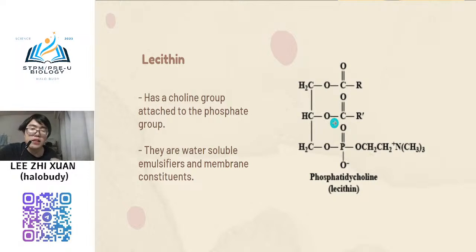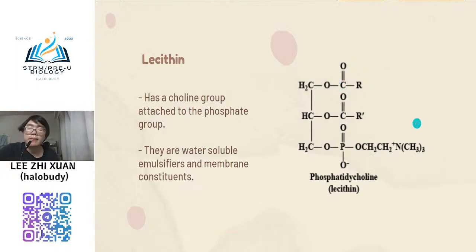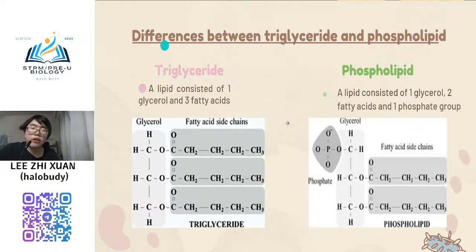The difference is they are partially soluble in water. Compared to this, the fat triglyceride totally cannot dissolve in water. But this one is partially soluble. Why? Because this one is a polar group, and these two, of course, are non-polar. So this is the difference.